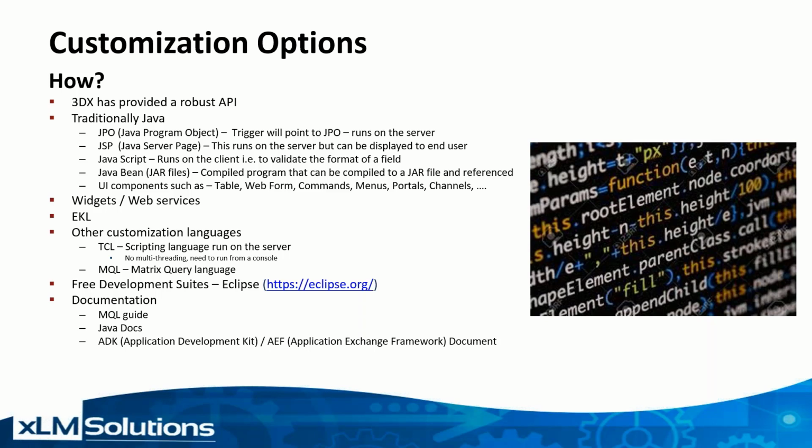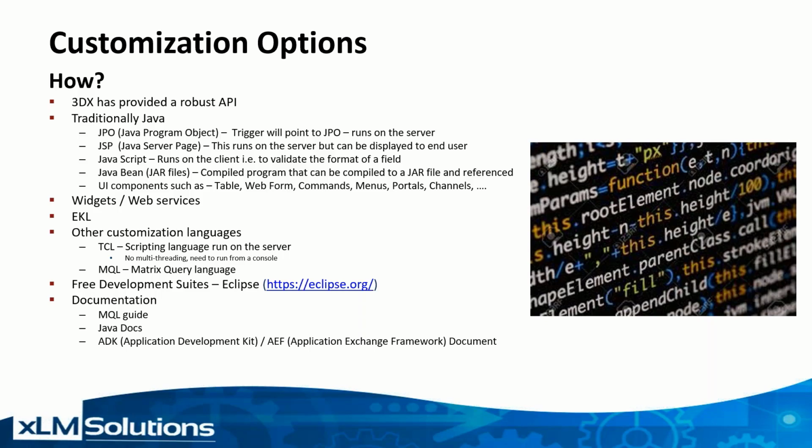To give you a little bit of background, 3DEXPERIENCE is moving from a more web page centric, JSP centric solution, usually called 3D Space, to more of a dashboard and widget type of solution.